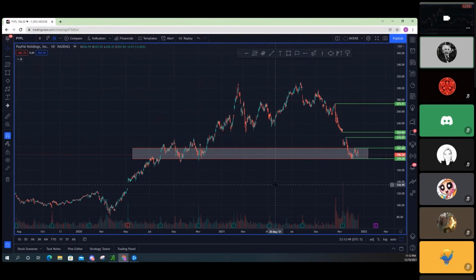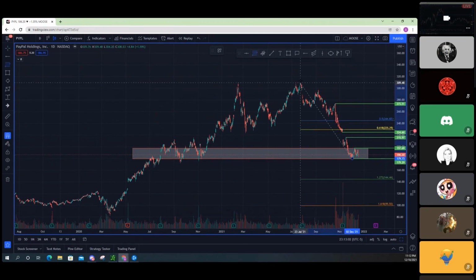We might actually pop down more. If we do go down more, we can find targets definitely based on this. You have your fibs. It looks like 144. That would be the next target to play on PayPal if it breaks 179.